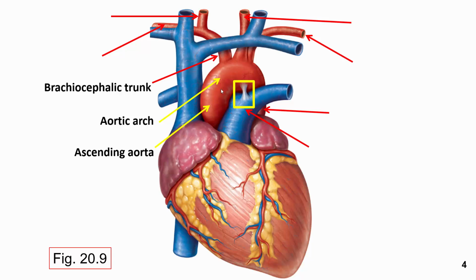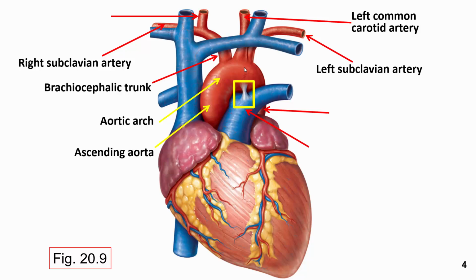So once again, taking a closer look here, the three major branches coming off that arch from right to left is the brachiocephalic trunk, the left common carotid artery is next, and the left subclavian artery, passing underneath the clavicle, is the third branch carrying oxygenated blood coming off of that aortic arch.